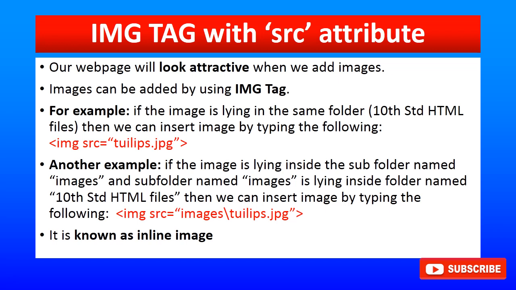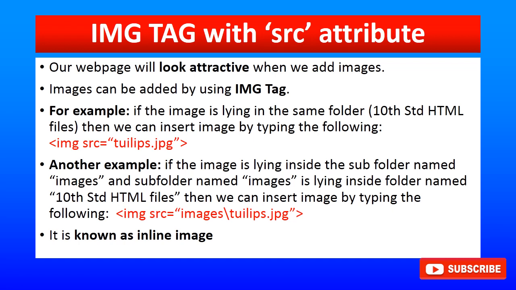And if the images are lying in a folder named images, and that folder is lying where our web page is created, then you have to type img src is equal to images/name of the image. Simple.